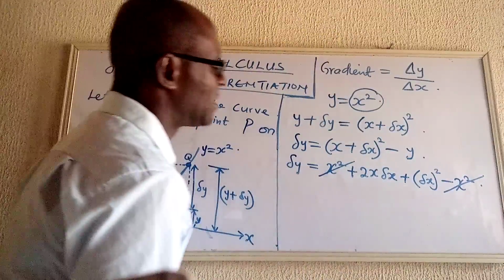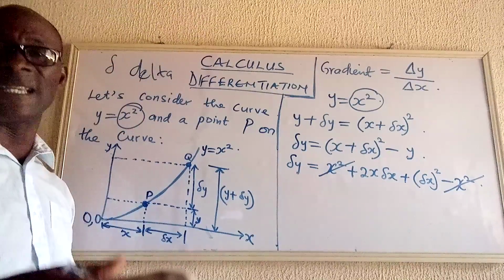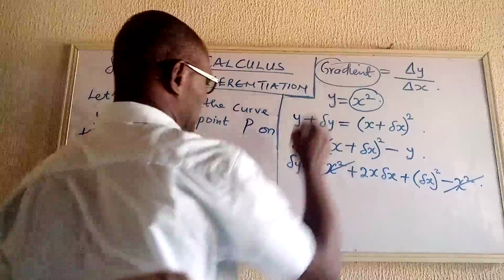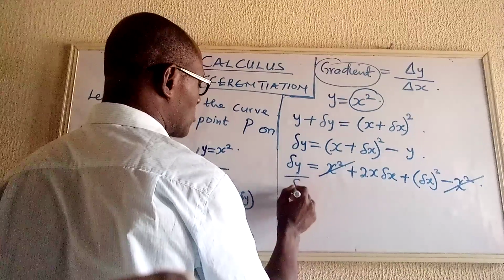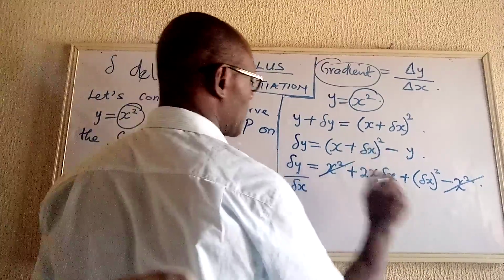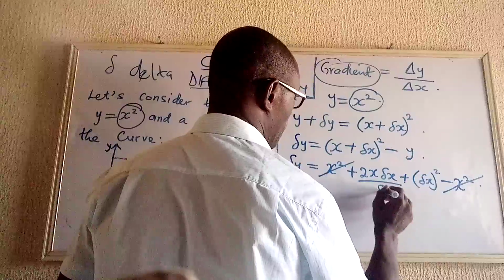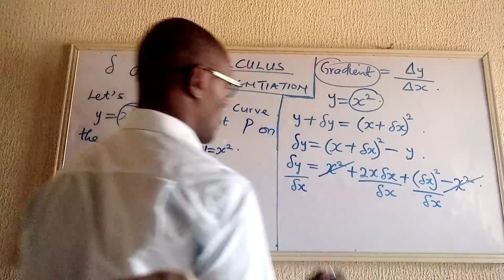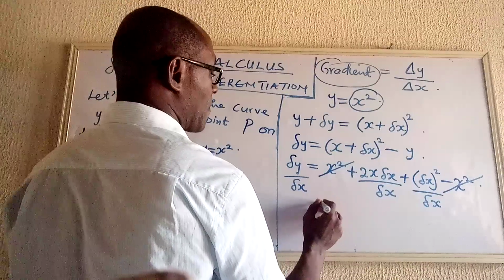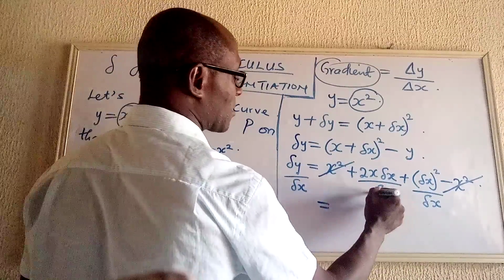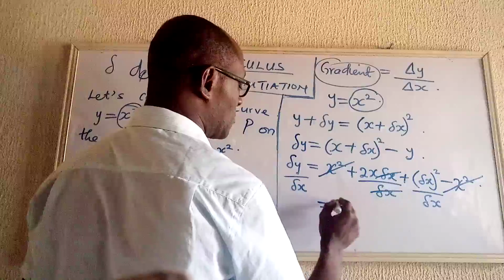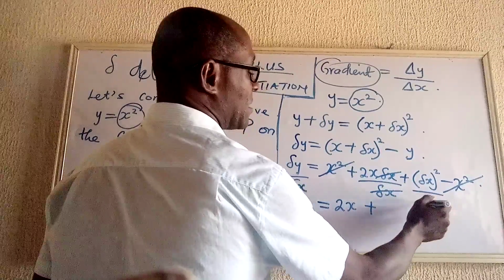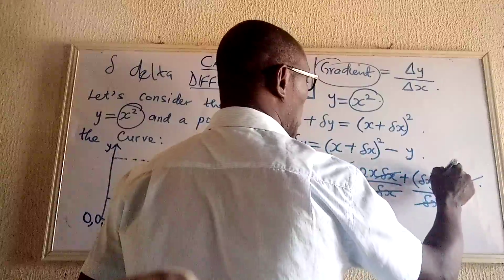Then what do we do? Let's divide throughout by delta x to achieve the gradient. Dividing throughout by delta x, this delta x will cancel this one. We have 2x left here, plus this delta x will cancel one of these.